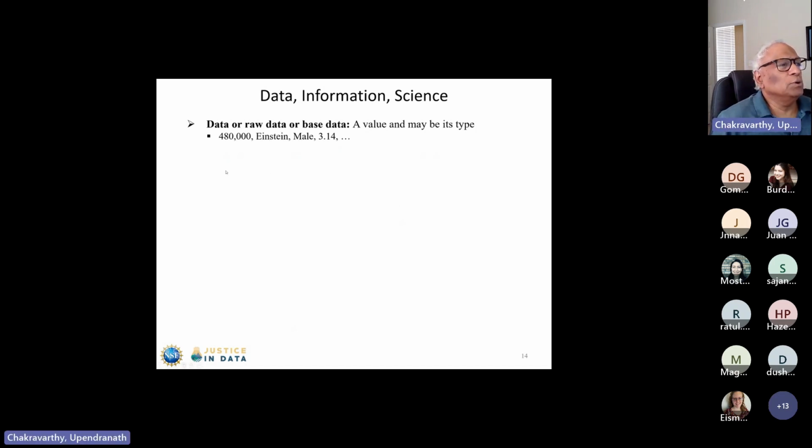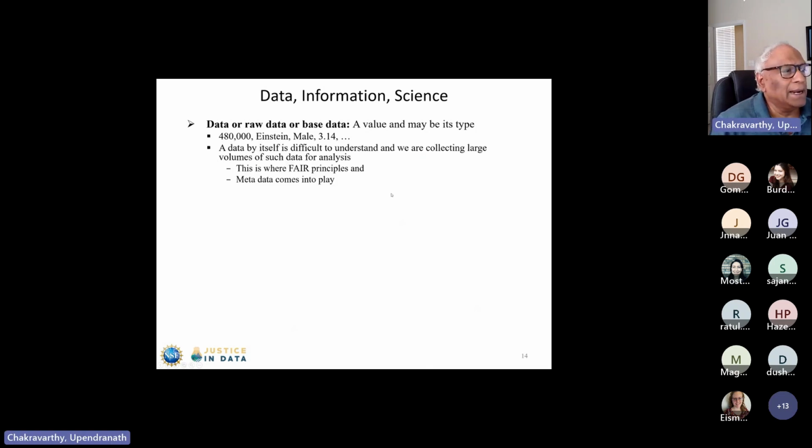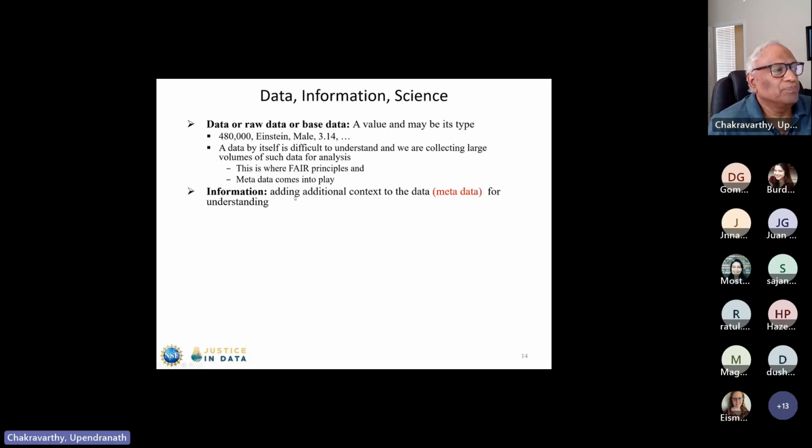So suppose I give you these pieces of raw data: 480,000, Einstein, male, 3.14. This is raw data. This doesn't mean anything by itself, but if I add some information... data by itself is difficult to understand, and we are collecting a lot of them. I think this can be easily related to the need for FAIR principles and also metadata.